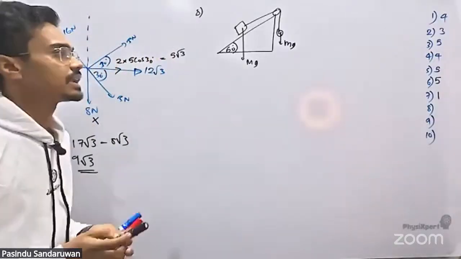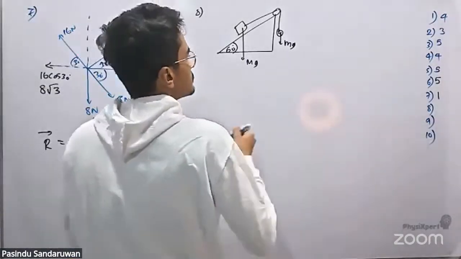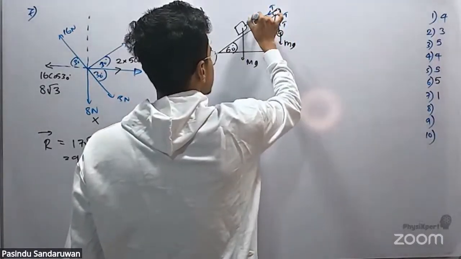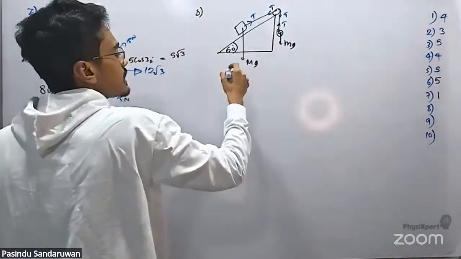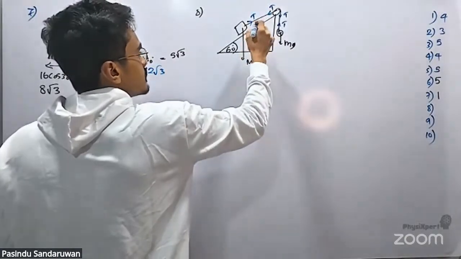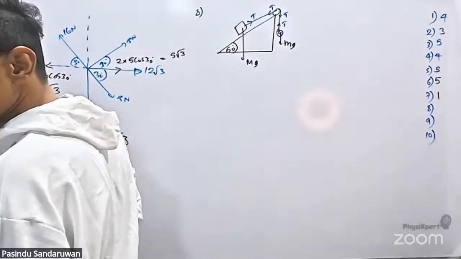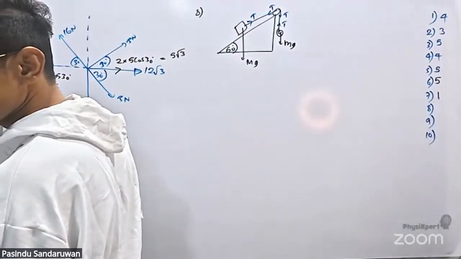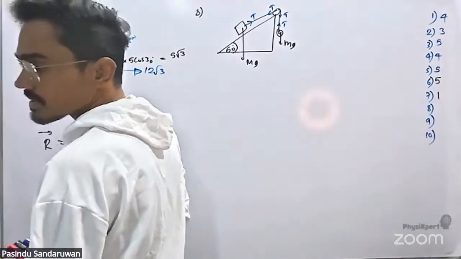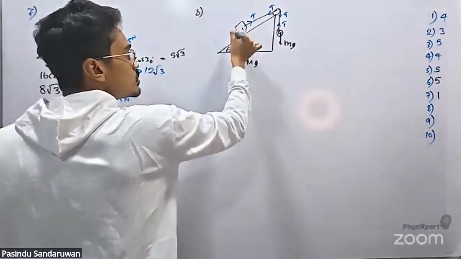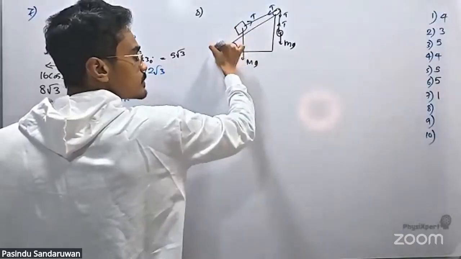Then here, tension T acts, same string, same tension. Now, is this moving downwards or upwards? Mass M starts to slip down, so it is going to move downwards.